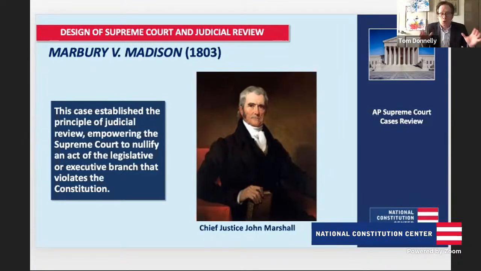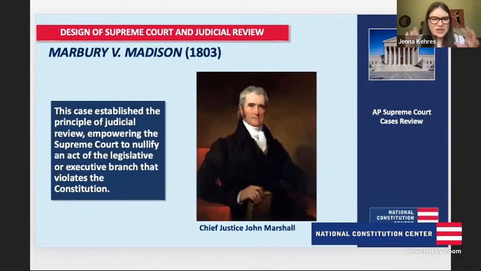In doing this, Marshall strikes down a law passed by Congress giving the Supreme Court that power, saying that when Congress passed that law, it exceeded its power in that circumstance. So the Supreme Court does not have the power to give Marbury's commission. But the key point is that John Marshall is using Marbury versus Madison to establish the power of judicial review, which would be so important for the rest of the Supreme Court's history.